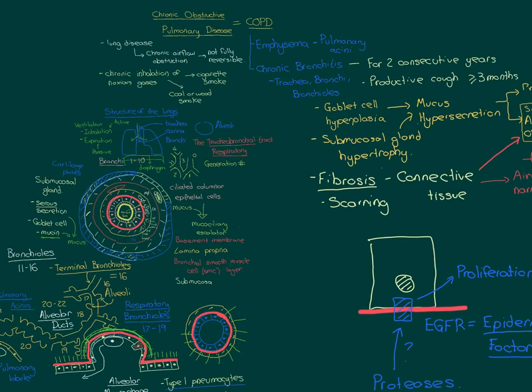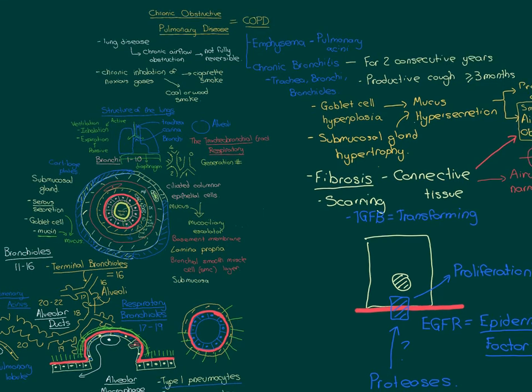I'll go out and put it over here. So the big player in producing this fibrosis is believed to be TGF beta, and this stands for the transforming growth factor beta. And this is a very famous signaling molecule. This is the one that always activates scarring.